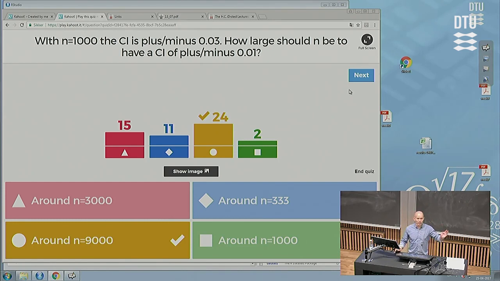Because maybe you have full information already at 1,000. So it doesn't mean anything to go from 1,000 to 1 terabyte, because you already knew what the proportion was at 1,000. I'm not saying here that big data is not going to change our lives. It will, but we should think about how we allow it to change our lives.